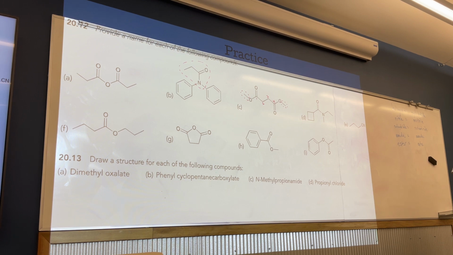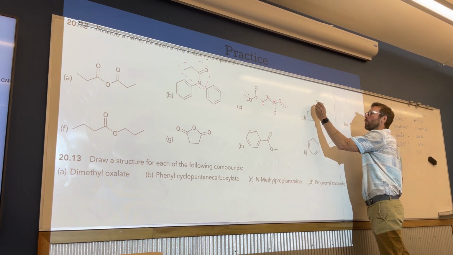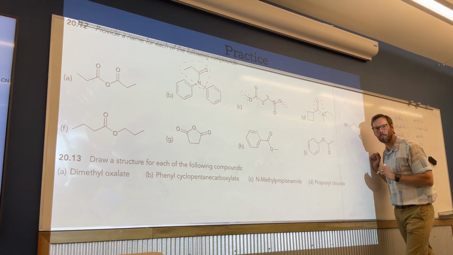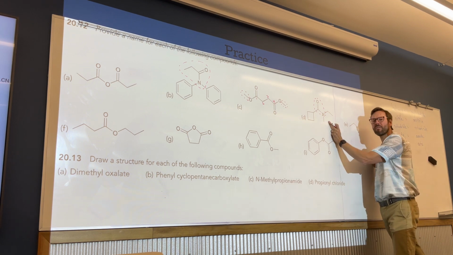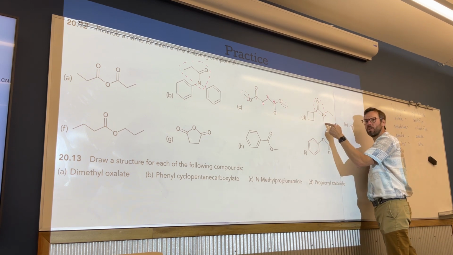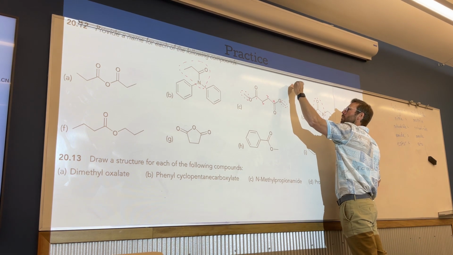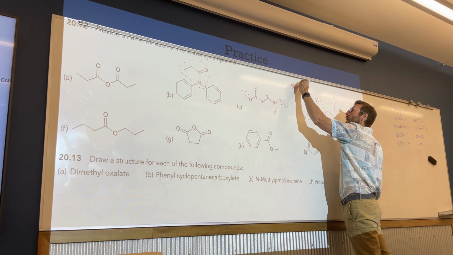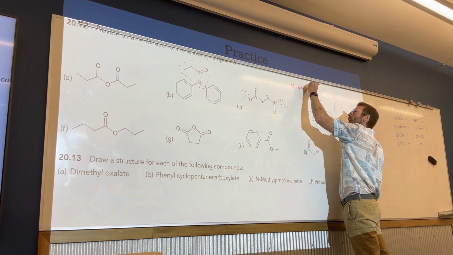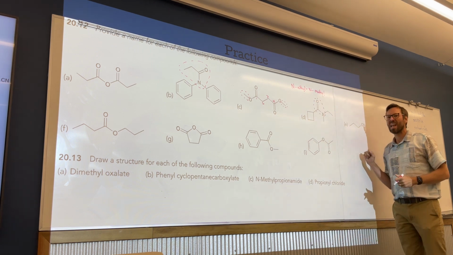All right, now this next one's challenging, right? But what do we have? We have an amide, right? What's coming off that amide? Not 2 hydrogens in this case. We have a methyl and an ethyl, right? So this could be N-ethyl, N-methyl, and then now what?